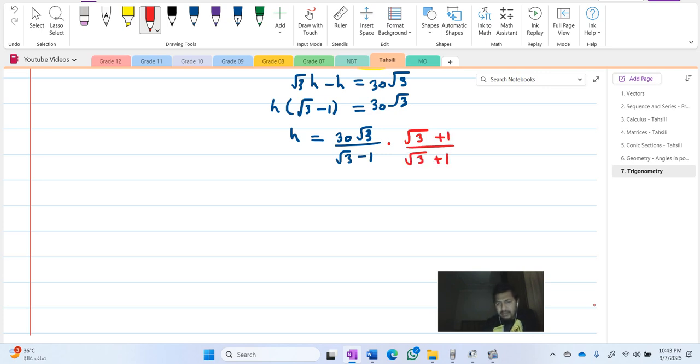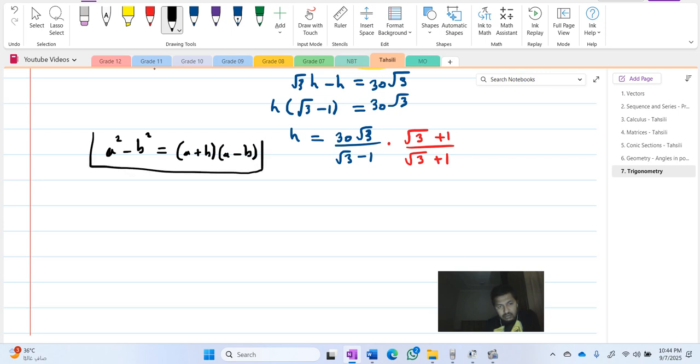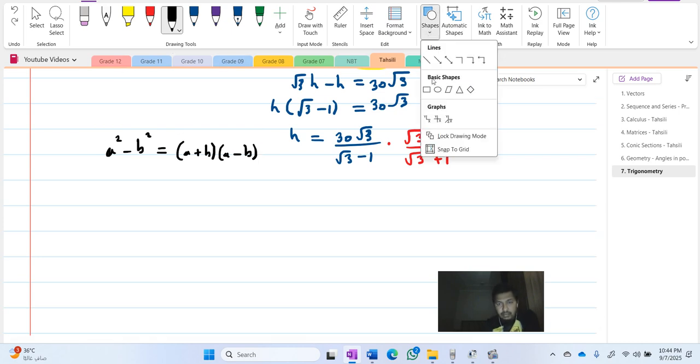Why? Because we want to rationalize, and a squared minus b squared is equal to a plus b times a minus b. We apply this rule here.